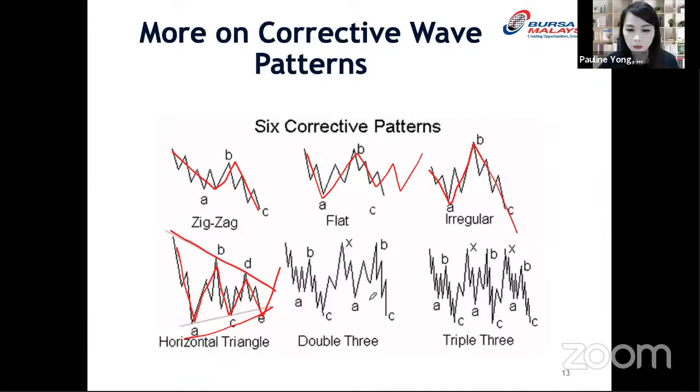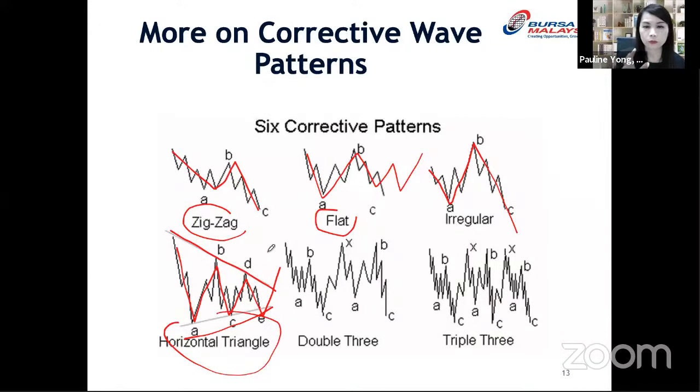So this double 3 or triple 3 are all combinations of these variations. But the main ones are the zigzag, the flat, and the horizontal triangle. So these will be the 3 major corrective patterns that we are going to look at.